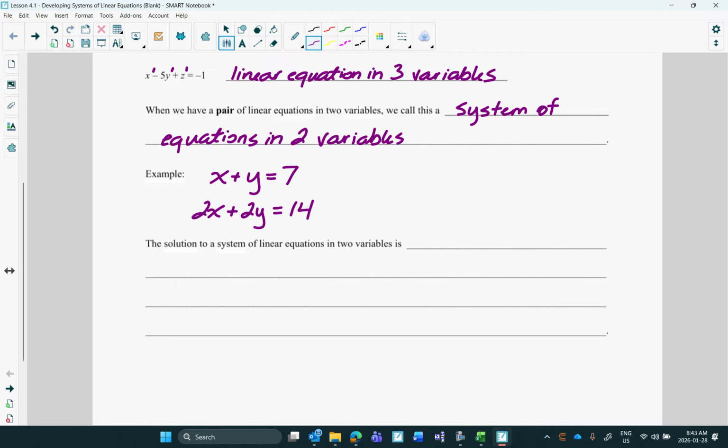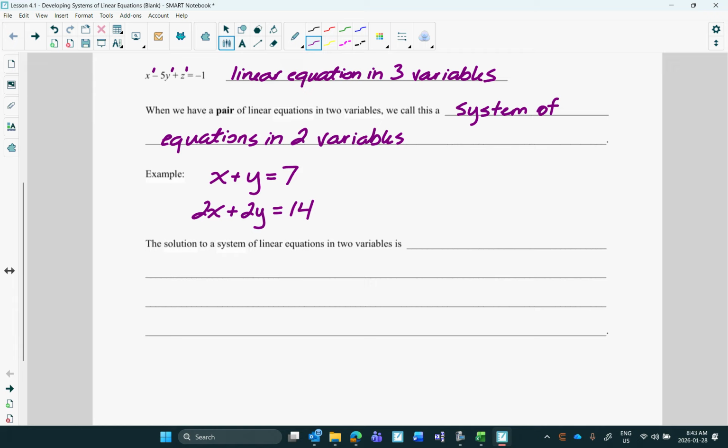Can you think of the variables x and y that would work in both of those equations? What numbers for x and y would work in both equations? Any idea? Give me a pair of numbers that adds to that.